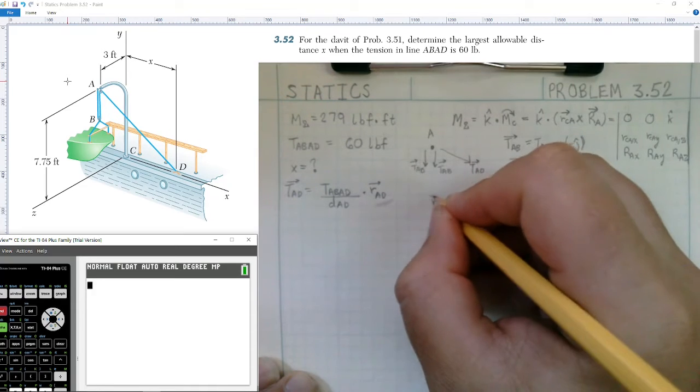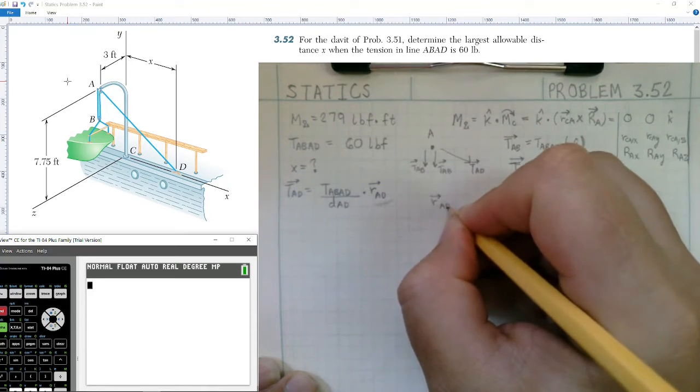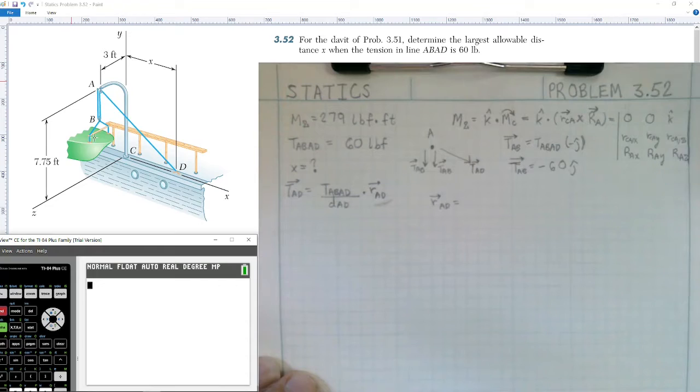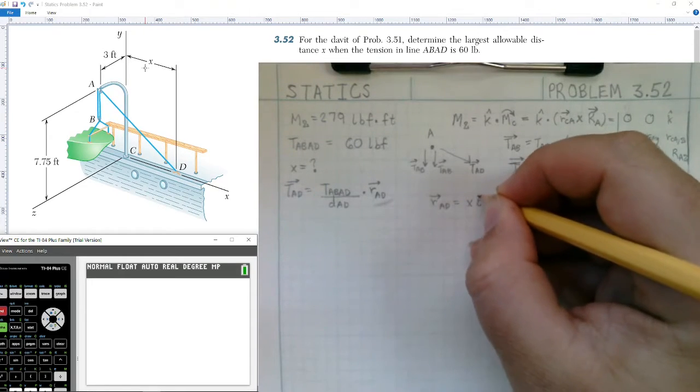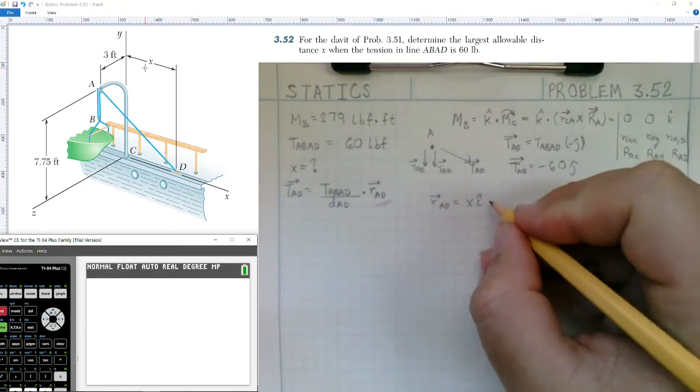If I were to write it out, I would look at the diagram and say, okay, going from point A, the davit, to point D, down where it's tied in, from problem 51, we're going out the x dimension. Our dimension on the i hat is going to be the x value, unknown, what we're trying to solve for in this problem.